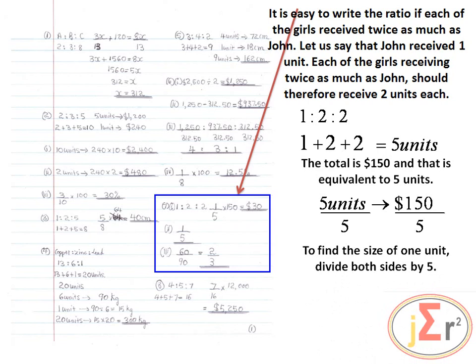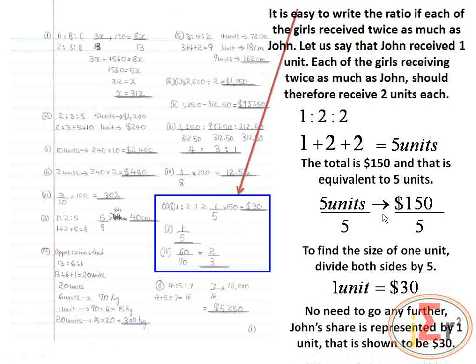So 5 into 5 is 1, and 5 into 15 is 3. But do not forget this 0, 30. No need to go any further. John's share is represented by 1 unit. That is shown to be $30. So we will not go any further to find John's share because it is represented by 1 unit, and we have found that already. How nice.